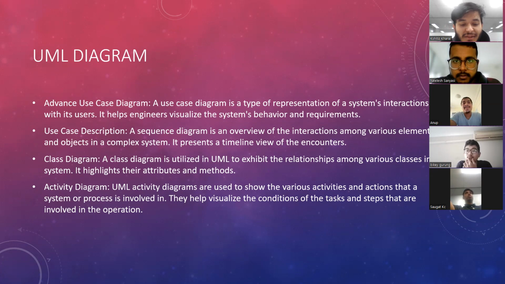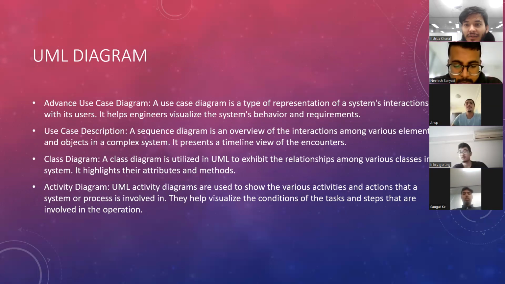Hi. UML diagrams show the visual representation of the functions and methods of any software. These diagrams are used to demonstrate the working structure of the software. A use case diagram shows what the functions are, how they are used, and how they interact with the user.